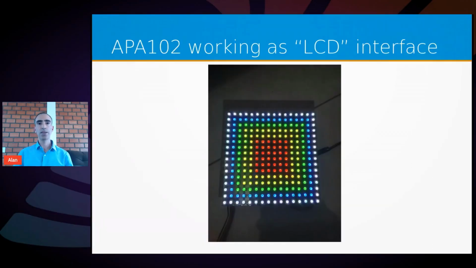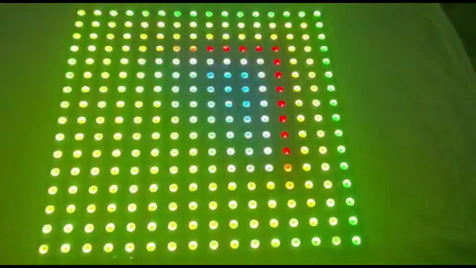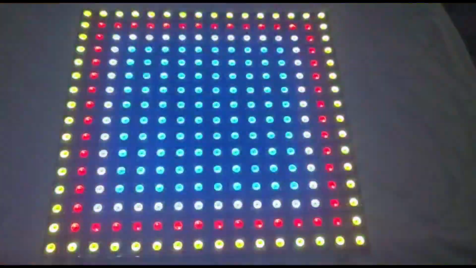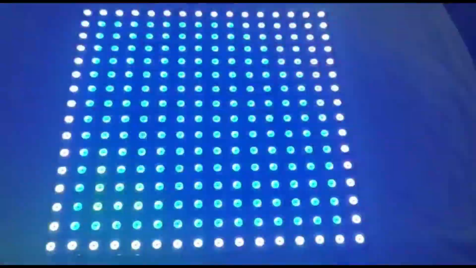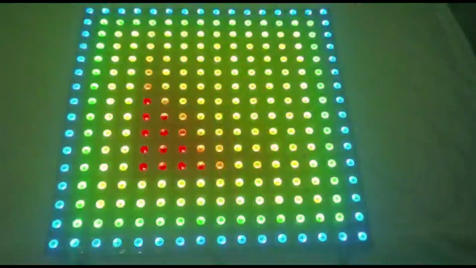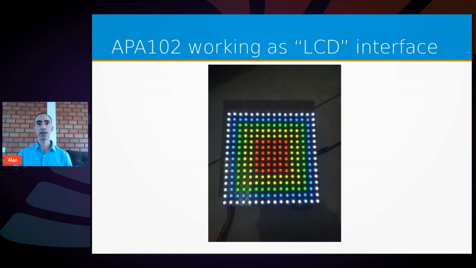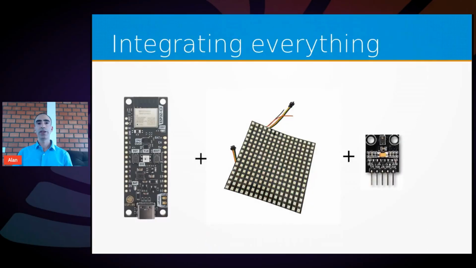And here's the LED interface working. I will now show a small video of it running, as you can see here. As you saw, it was very fast, and now we can finally integrate everything.